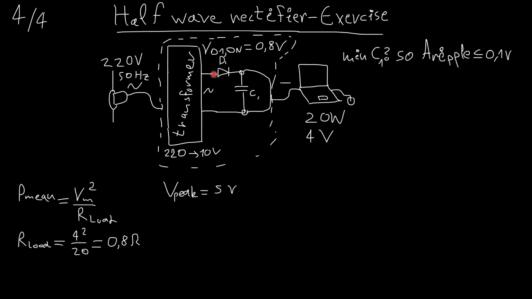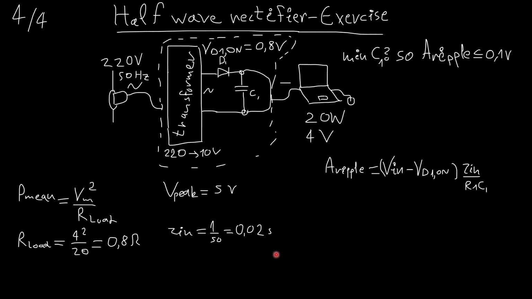Now, the peak voltage of the input here and here is going to be what? 10 over 2, 5 volts. Why? Because these 10 volts is the peak-to-peak voltage. So the peak voltage is going to be 5 volts. Now the input signal's period is going to be 1 over 50, which is 0.02 seconds.